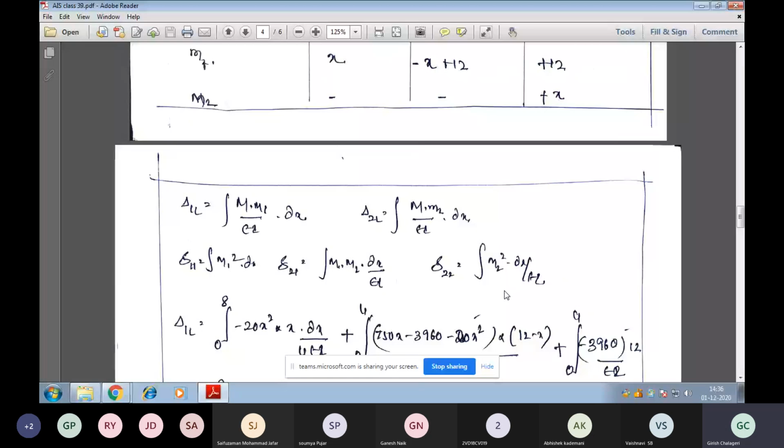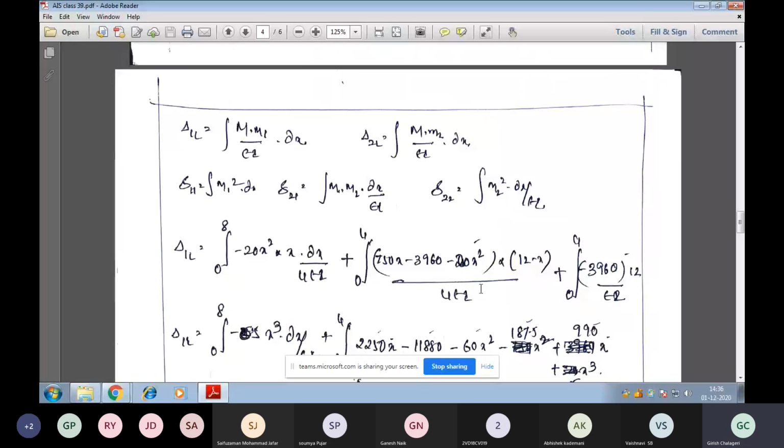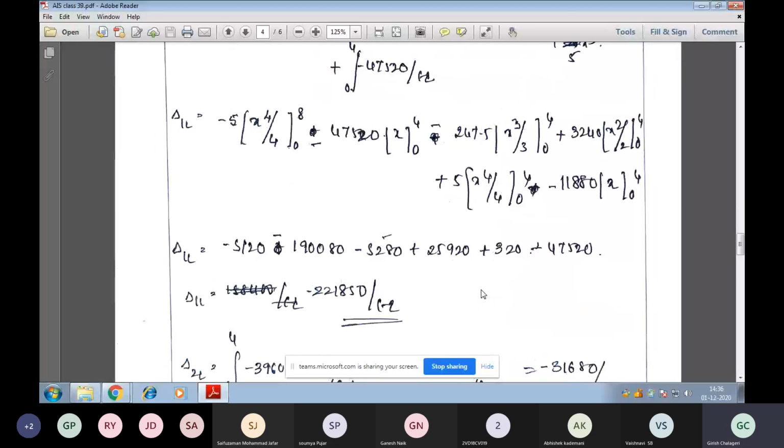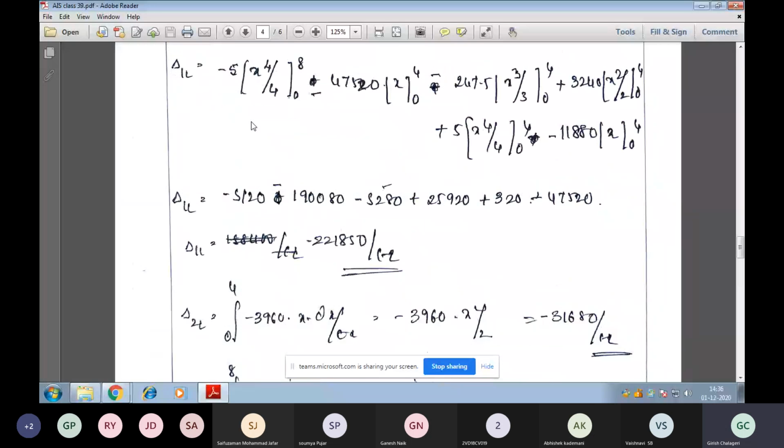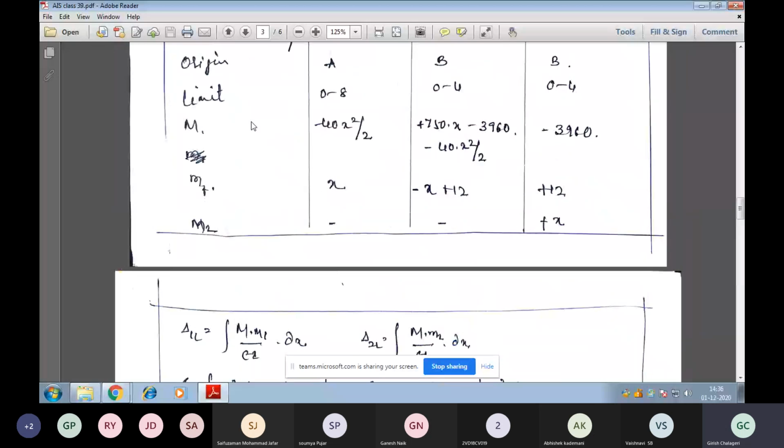Substitute the values of m1 and m2 at the respective points as per the given integrations. So we can see here delta 1 1, that is m1 into m1, we are substituting the value. You can see the first integration is with limit 0 to 8. X is the given value, I am taking m1 square.